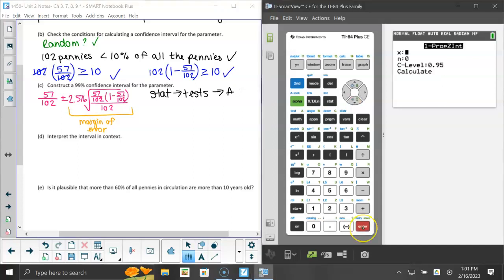All right, so once you click that, it'll ask you, all right, how many times did it happen? 57. What was my sample size? What is my confidence level? Oh, over 1 more. 99. Very good.